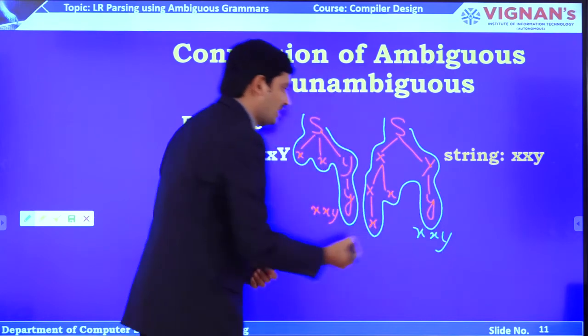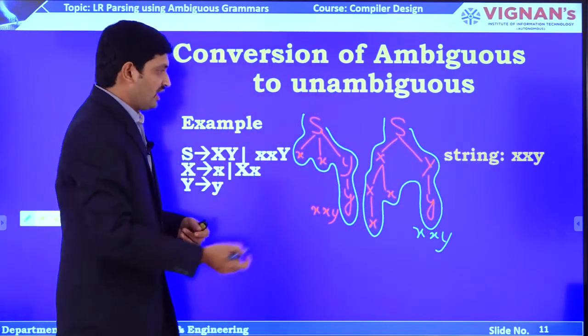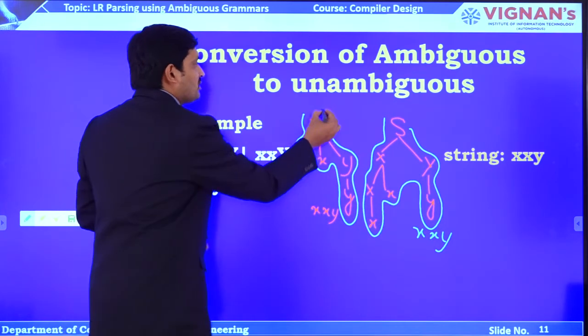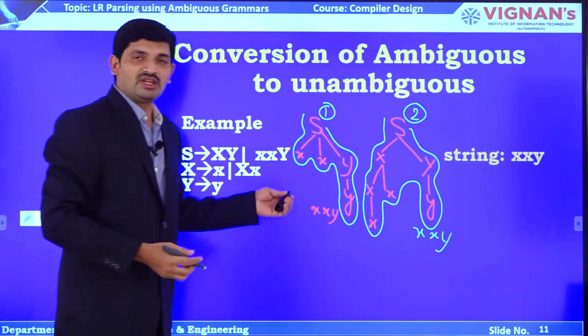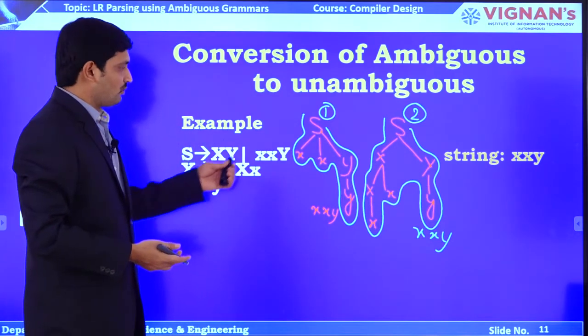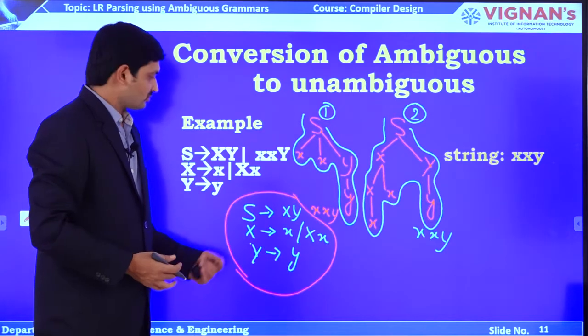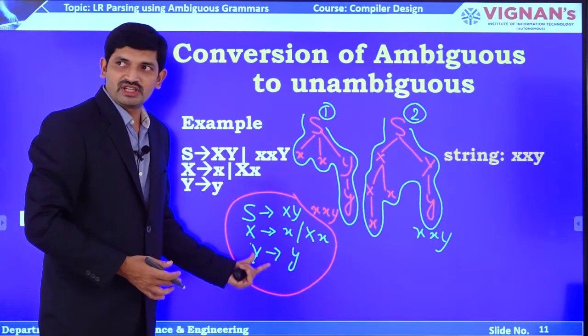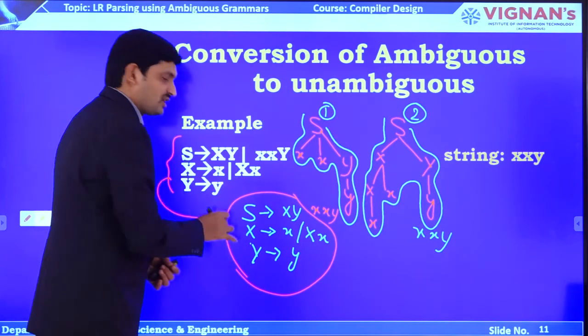So this grammar is generating the string x, x, y in two different ways, that means in two different parse trees. So we can say that this grammar is ambiguous. Now we have to convert this grammar into unambiguous. This is the unambiguous grammar we got from this particular ambiguous grammar.